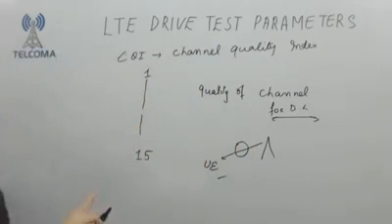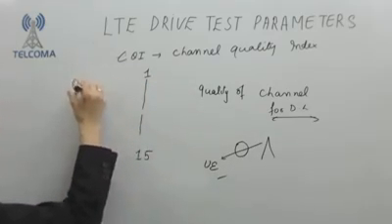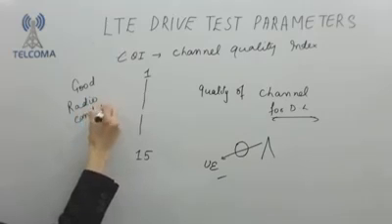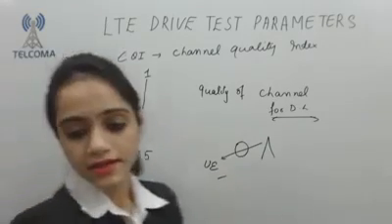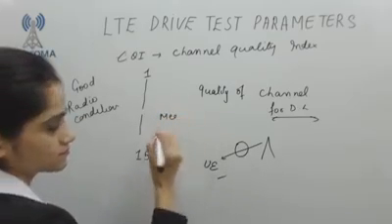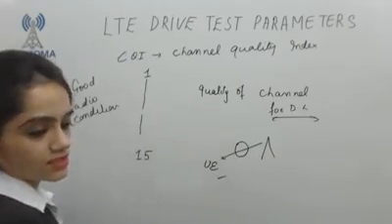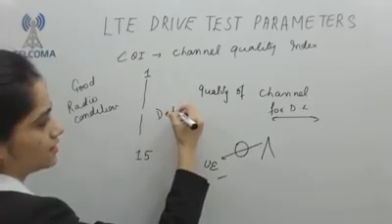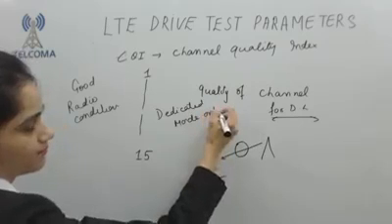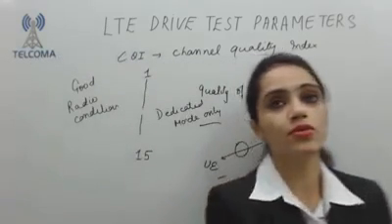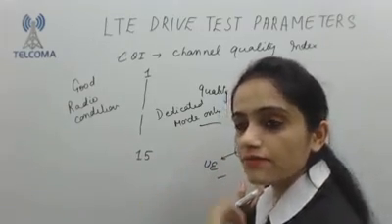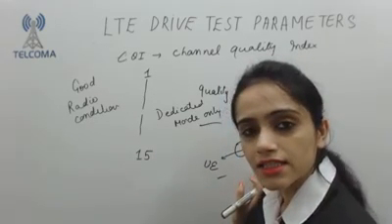It totally depends upon good radio conditions and good bandwidth, and it is there in dedicated mode only. Why in dedicated mode only? Because only in dedicated mode do I have channels from the network. If I'm in idle mode, I can't receive any channel from the network.